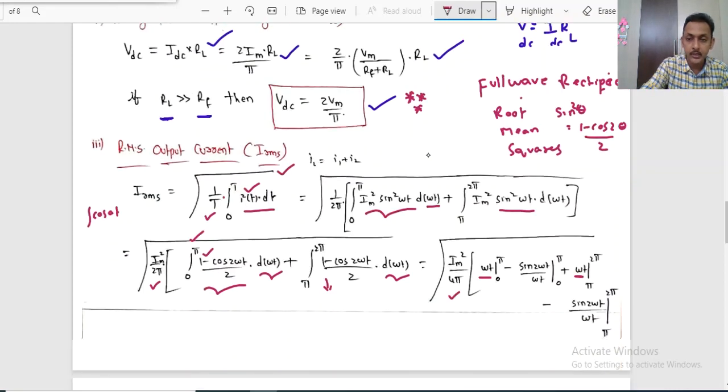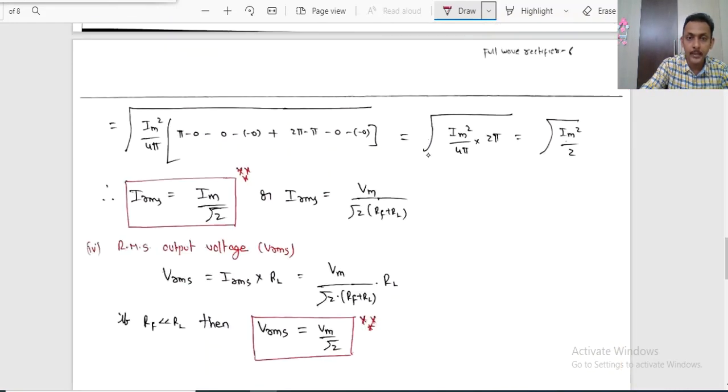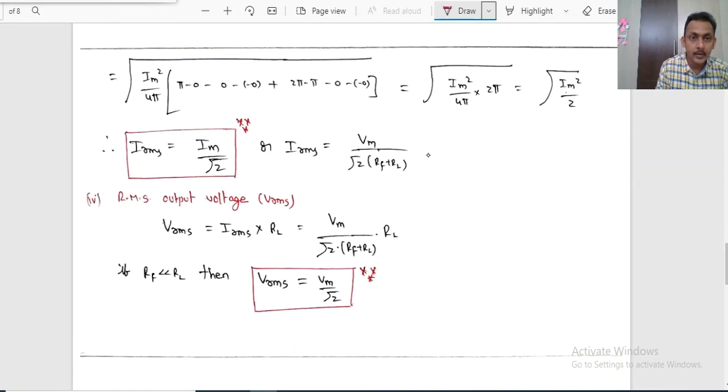If we further simplify, keeping the upper and lower limits, this is what we get.